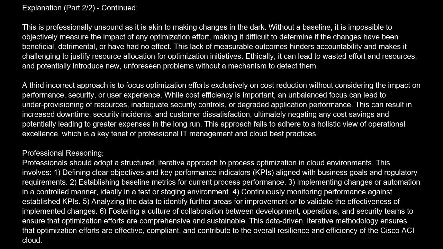Analyzing the data to identify further areas for improvement or to validate the effectiveness of implemented changes. 6. Fostering a culture of collaboration between development, operations, and security teams to ensure that optimization efforts are comprehensive and sustainable. This data-driven, iterative methodology ensures that optimization efforts are effective, compliant, and contribute to the overall resilience and efficiency of the Cisco ACI cloud.